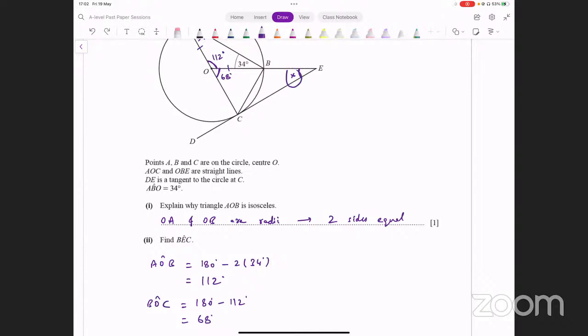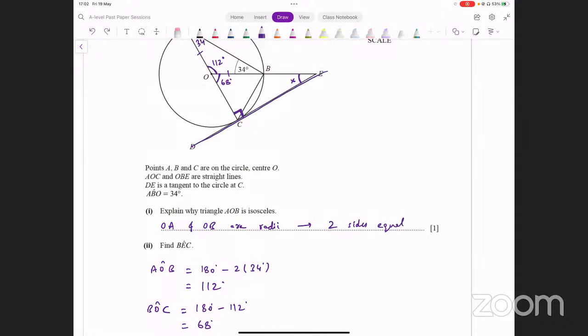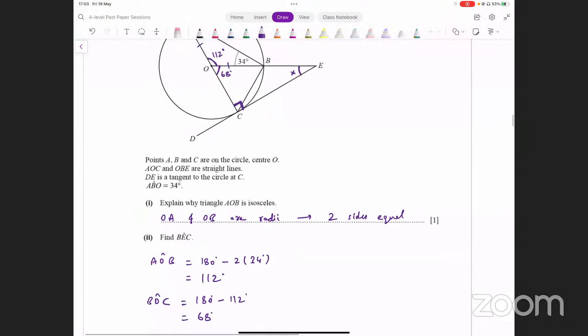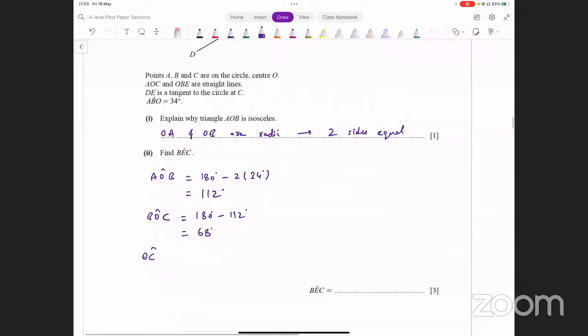ये x हमारे पास नहीं है. But we know that this angle is 90, right? Why? Because DE is a tangent to the circle. अगर ये line DE tangent है, so we have OC that is radius, DE that is tangent. तो ये जो angle बनेगा इन दोनों के दरमियान में, that is supposed to be 90 degrees. So we can write that here. We can say angle OCE is 90 degrees.